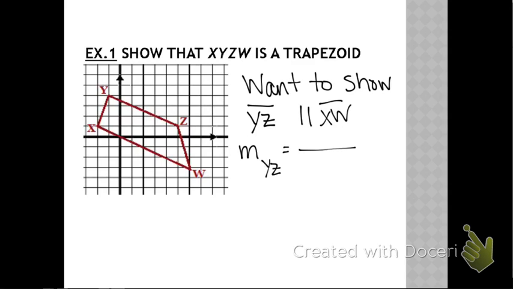Remember, slope is y minus y over x minus x. It might be helpful to know the coordinates of those points. So the coordinates of y would be -1, 4.